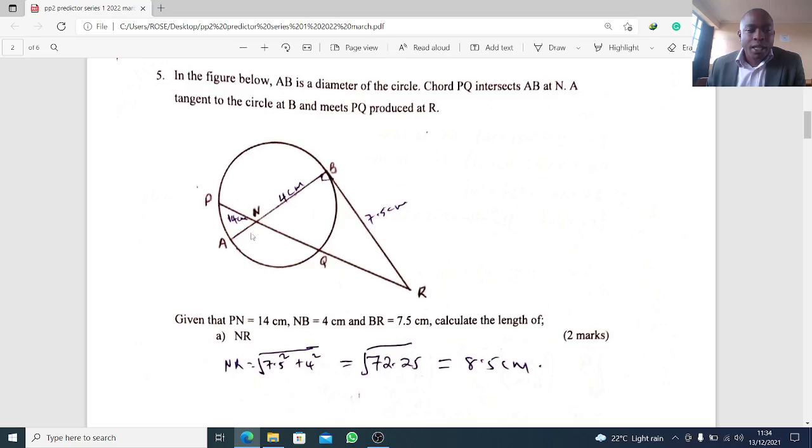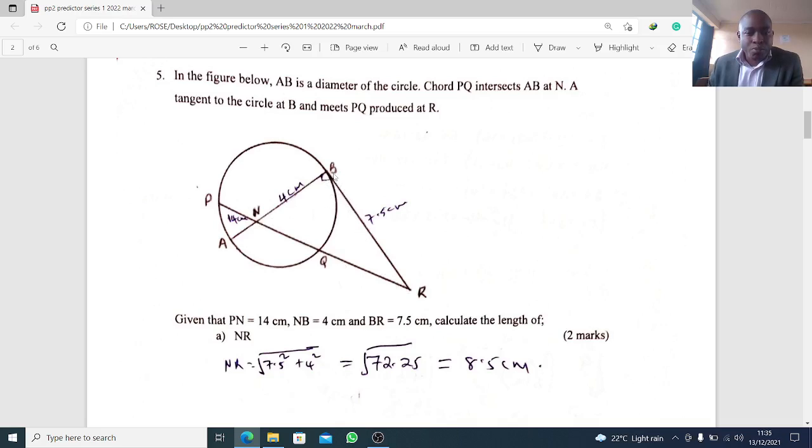We find NR. Remember, we are told that AB is a diameter. A diameter of a circle meets a tangent at the circumference at an angle of 90 degrees. That one we understand. So if this becomes our 90 degrees, we can find NR by using Pythagoras theorem.